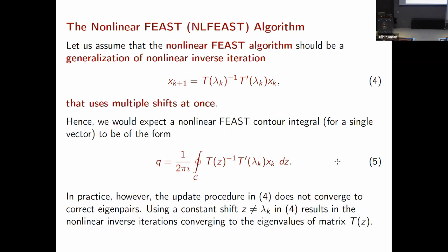But then we realized that if we fix the z here, using a constant shift, which is not equal to the approximation of the previous eigenvalue, then if we run this classical FEAST approach, we will converge to all the eigenvalues of the matrix T of z. Since you fix z, T of z is a matrix, so you'll find all the eigenvalues of this matrix, and that's definitely not what we are interested in. We are interested in finding the eigenvalues of the nonlinear eigenvalue problem.